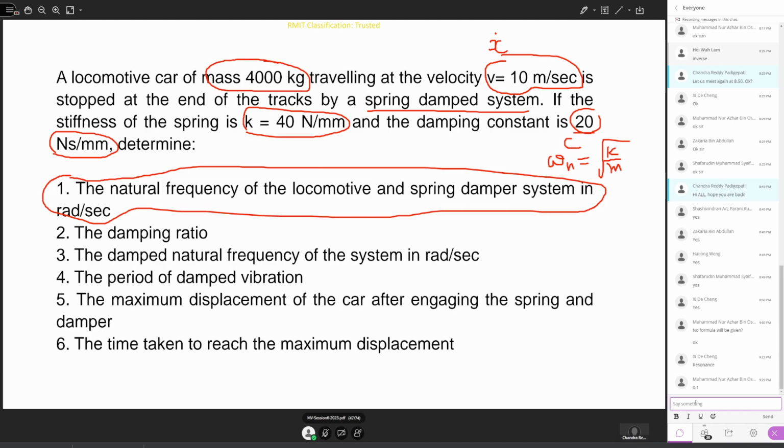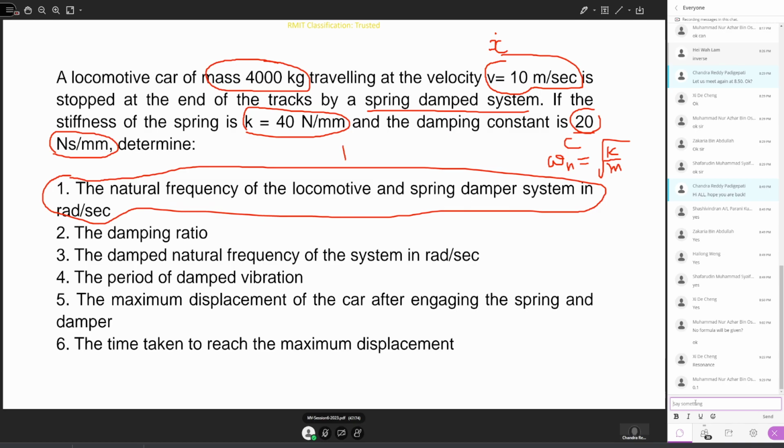Notice that I think I said the answer is not correct. So K is 40 Newton per mm. In terms of Newton per meter, what will be the value?